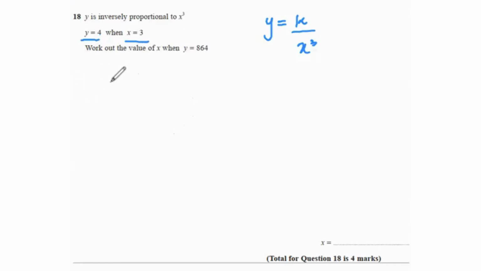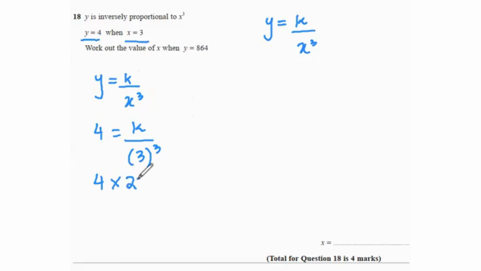For this question, as I said, we have y equals k over x cubed as our equation. y is 4 when x is 3. So we substitute: 4 times 27, which is 108. So y equals 108 over x cubed. Now we have to work out the value of x when y is 864.